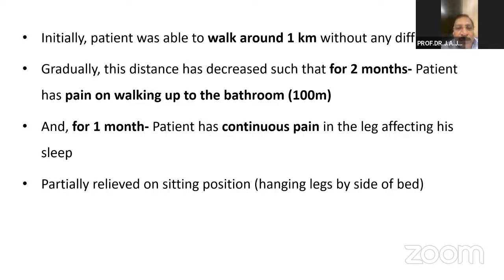And why do you get rest pain? Because the nerves are also not getting blood supply. Which nerve will be affected first? The sensory nerves. No, what is the common site of claudication pain, and what is the common site of rest pain?